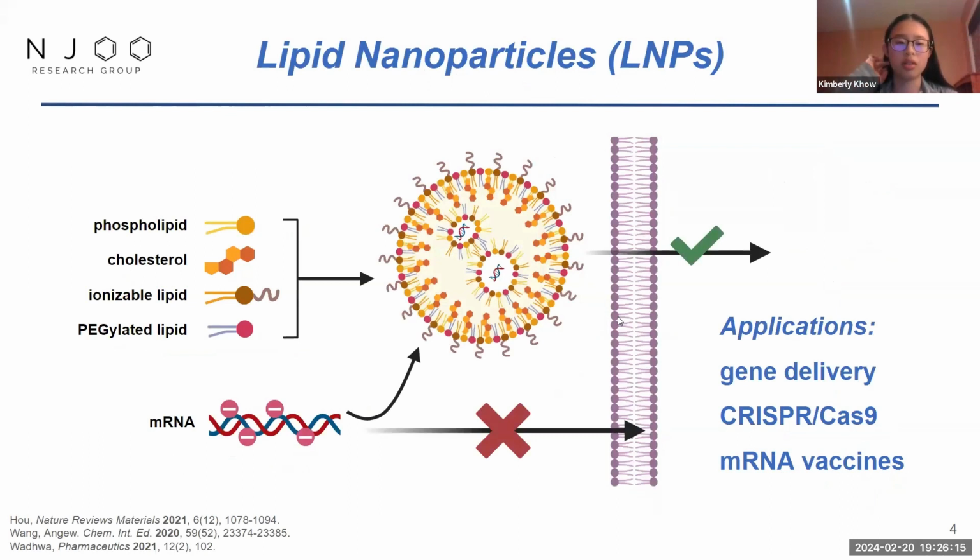Lipid nanoparticles are a combination of a mixture of lipids and the negatively charged mRNA, which is encapsulated by said lipids, as you can see here in this diagram. This forms a complex that has a net neutral charge, which thus allows it to bypass the phospholipid bilayer and enter cells. This has several important applications in gene delivery, CRISPR-Cas9, and mRNA vaccines.